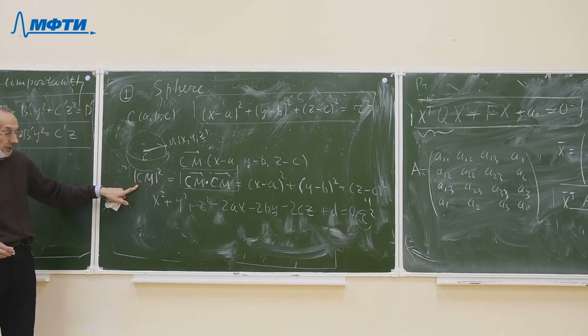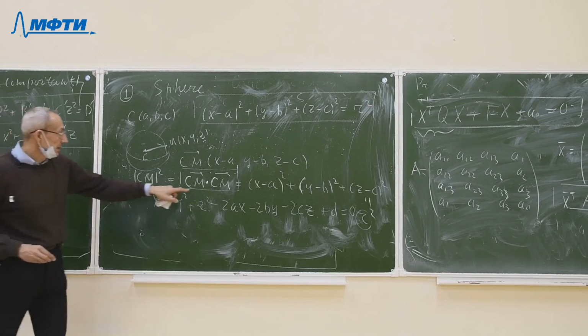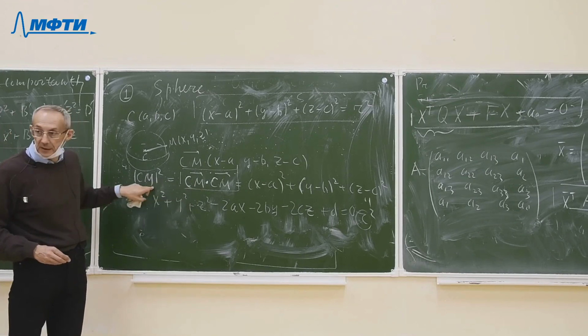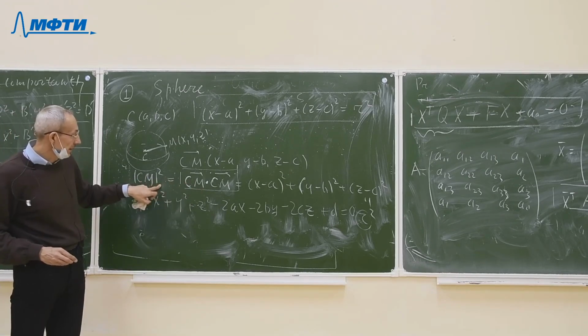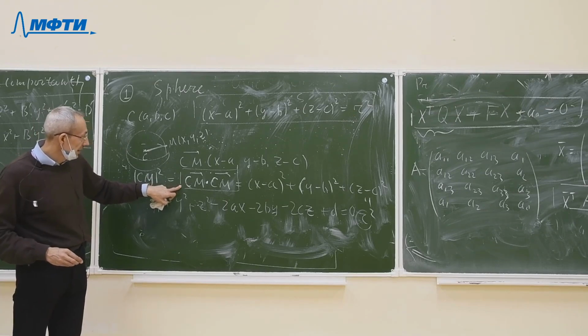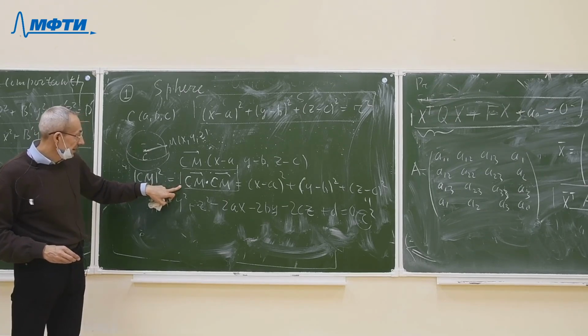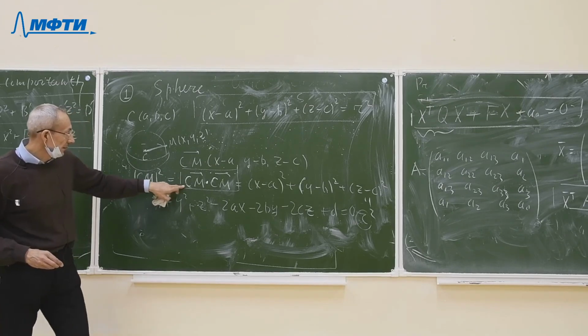And what does the square of the length mean? What is it used for?